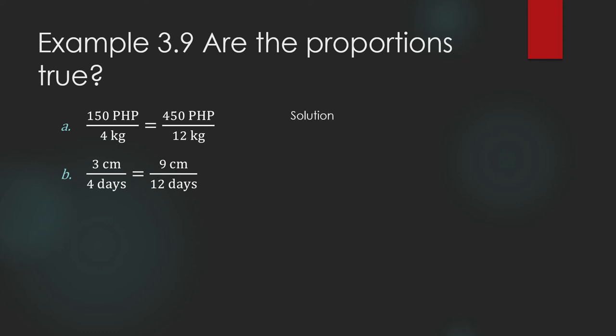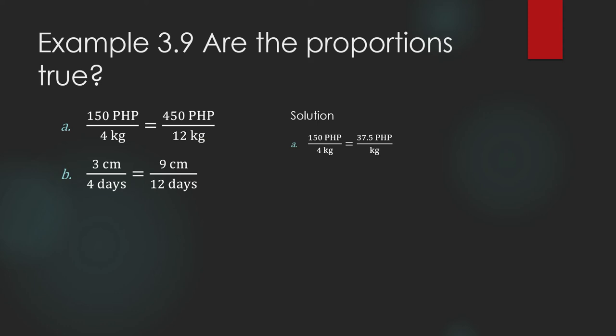Let us work on letter A. This is what we shall do. We shall write both rates as a unit rate. 150 divided by 4 is equal to 37.5 pesos per 1 kilogram. Let us write this as a unit rate, 450 pesos over 12 kilograms.